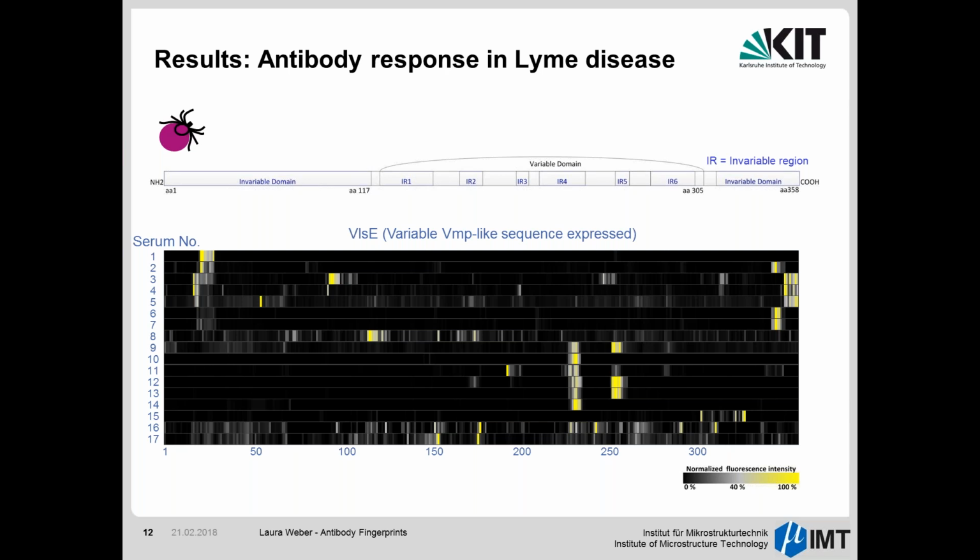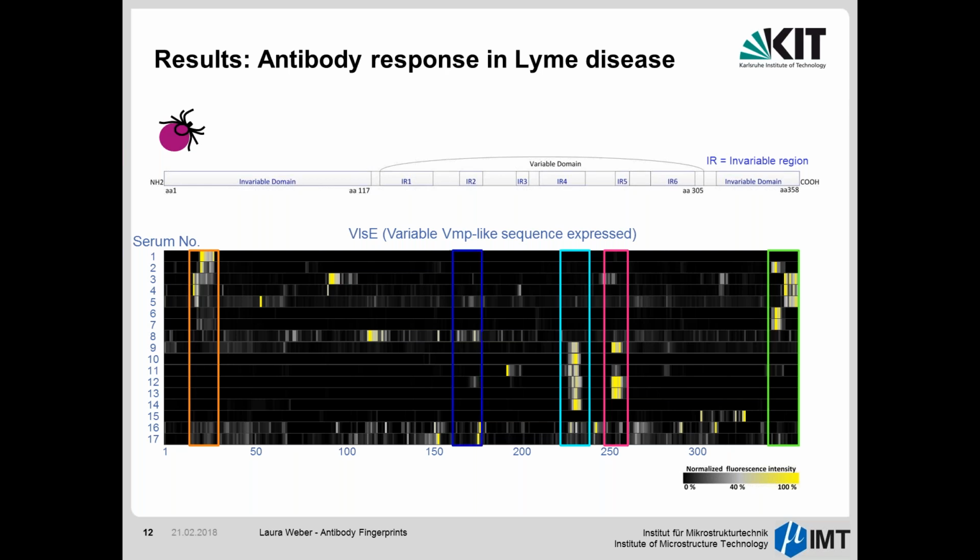In this study, different epitopes were detected, but a trend could be observed that either epitopes at the N or C terminal end of the protein or at the variable domains are detected. The 5 areas highlighted in color were examined in more detail in substitution analysis.